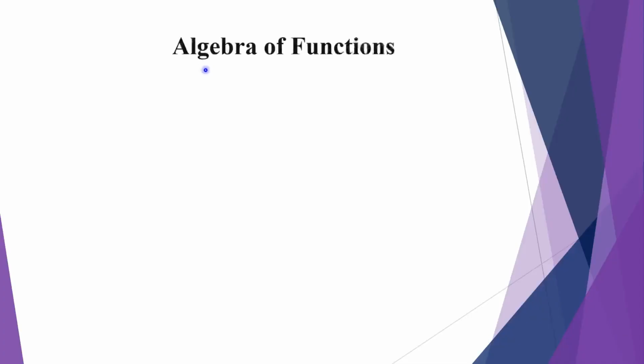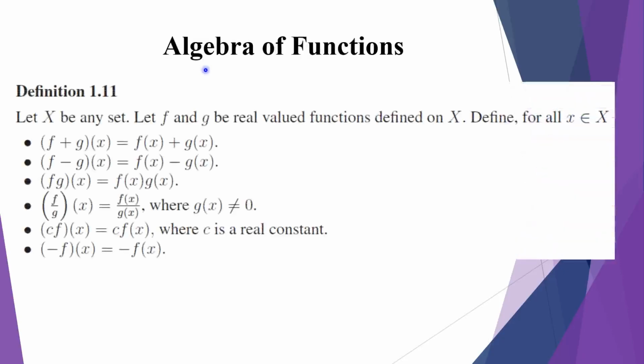Next we are going to see algebra of functions. Let us see the definitions. Let X be any set. Let f and g be real valued functions defined on X. Define for all x belongs to capital X. Algebra of functions means that if there are two functions, how we can add, multiply, subtract and divide them, and also how to multiply by a scalar value and find the negative.